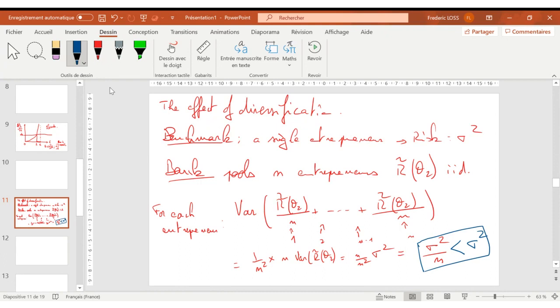And this is the effect of diversification.